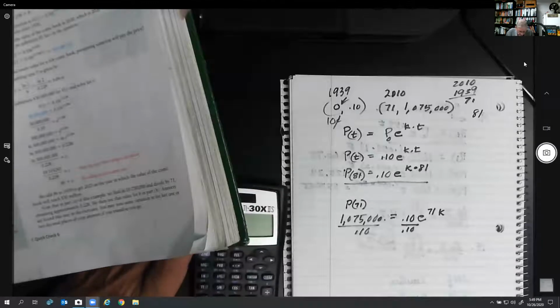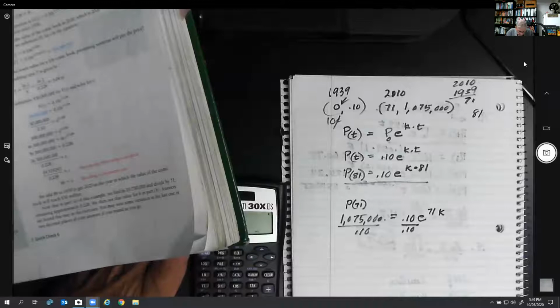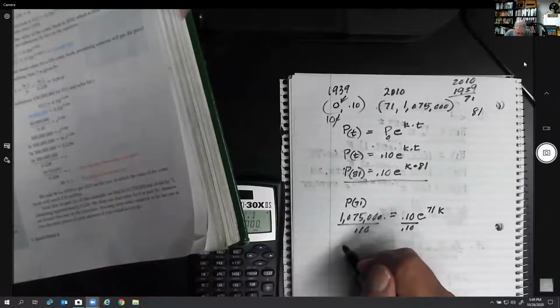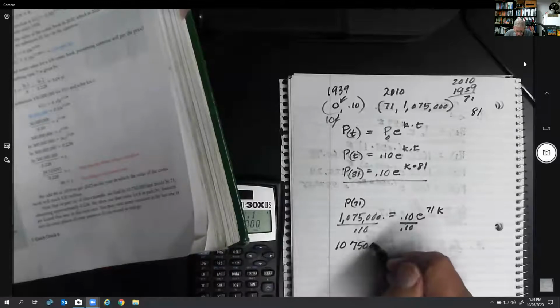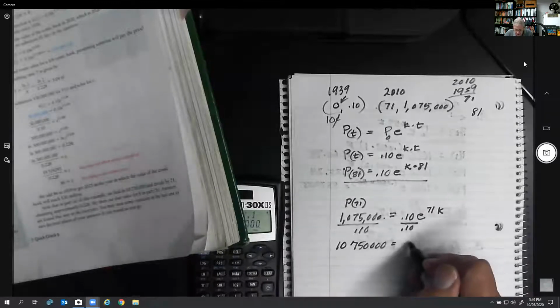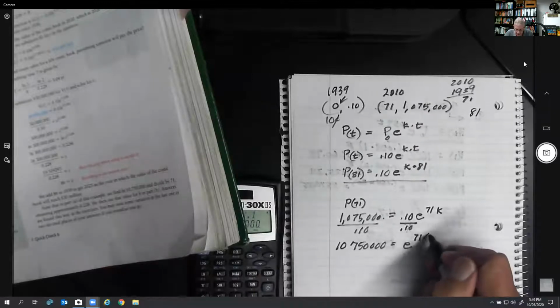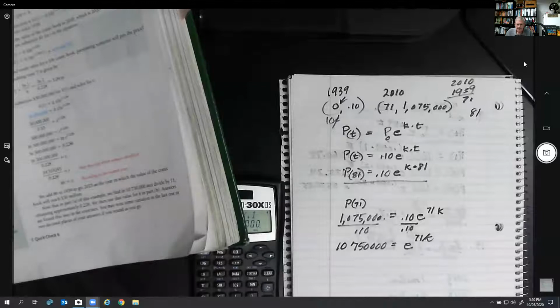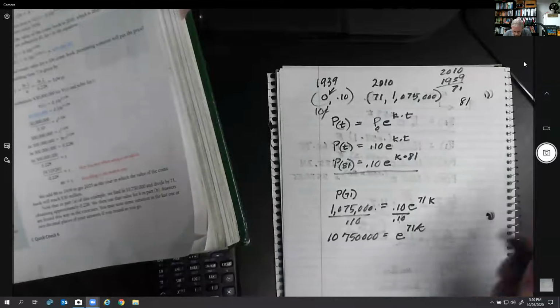If I take that 1,075,000 and divide it by 0.1, I get an even bigger number. I get 10,750,000 equals e to the 71k.